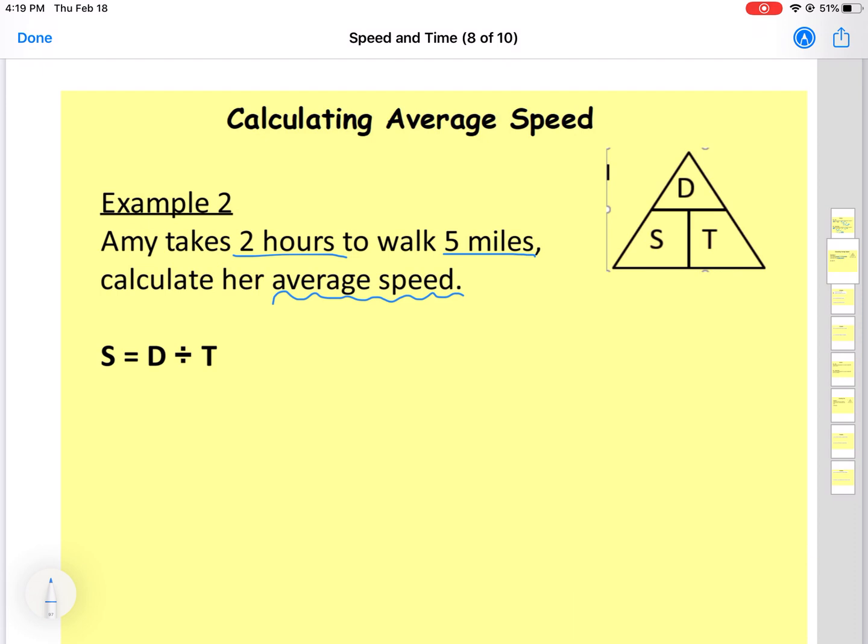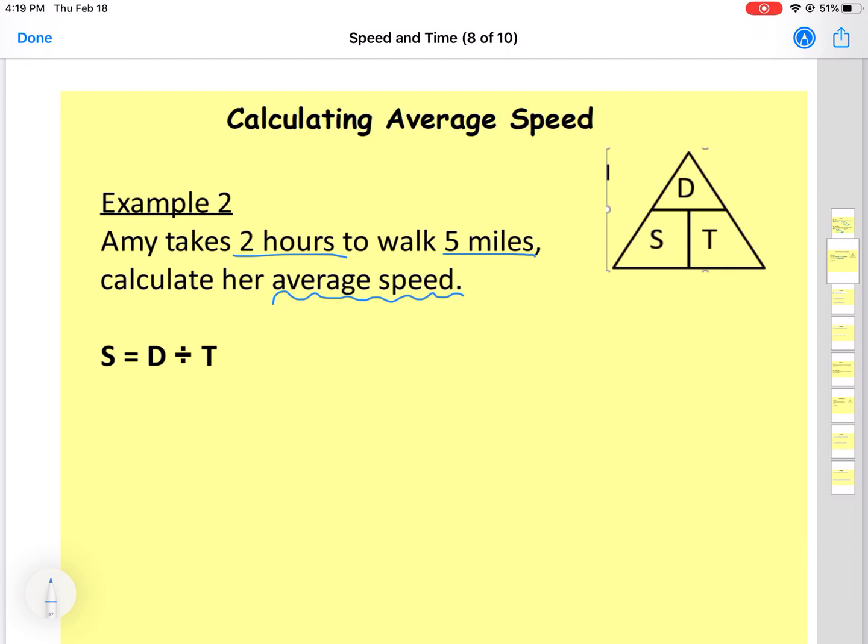Now it's very important that this is average speed we are calculating and not top speed or lowest speed. It's the speed on average that they took for the whole distance. Now we'll look a bit more at that. There's a nice wee activity to do on it when we come to the end of the week, but just now we'll just take it as is. So we're always finding average speed with these questions.